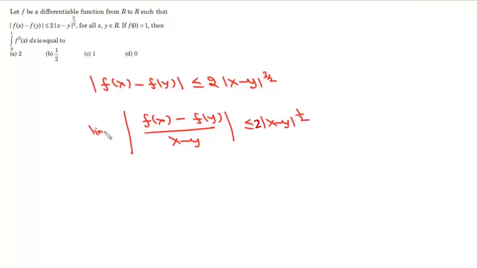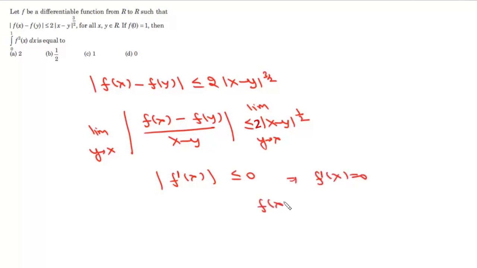And what we'll do is, we'll take this limit y tends to x both sides. Now this is mod f'(x) will be less than or equal to 0. Now modulus cannot be negative. So from here the only condition that we'll get is f'(x) equals 0.